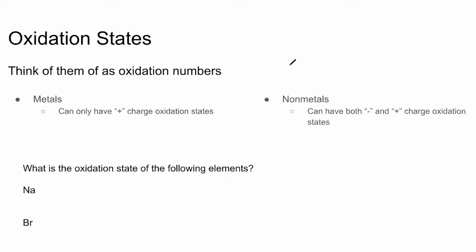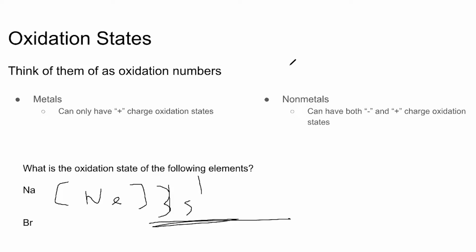Sodium, there we go. So it would be bracket Ne, and then 3s1. You don't look at the noble gas, you look at what comes after it. Whatever is after the noble gas in the electron configuration, that's what you look at for oxidation states.